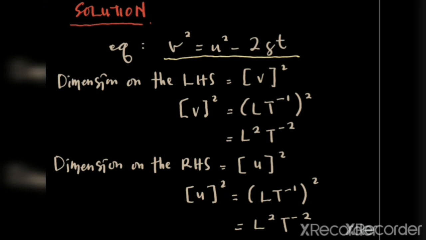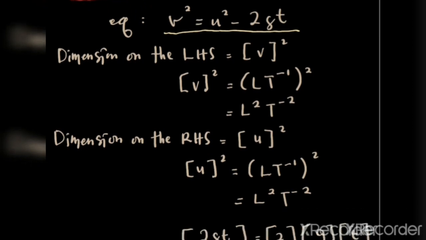To determine whether the equation is dimensionally correct or not, we have to check the dimension on the right hand side and on the left hand side. For the left hand side, we have v². The dimension for velocity squared is (LT^-1) squared. Finally, the dimension for velocity squared is L²T^-2.